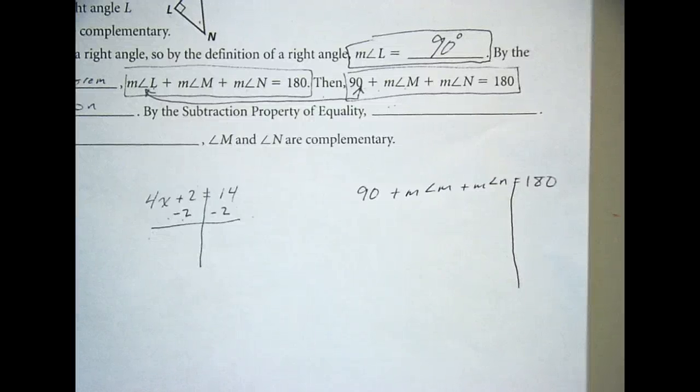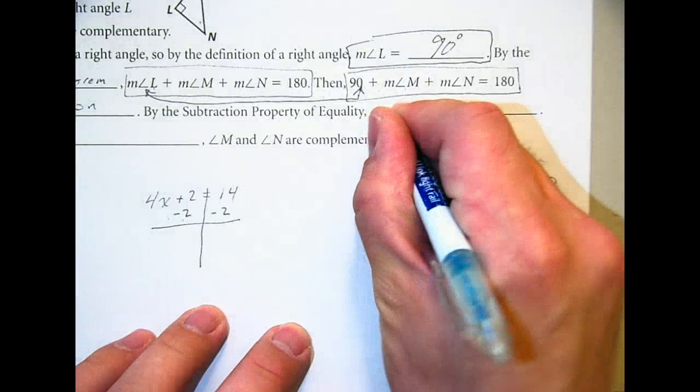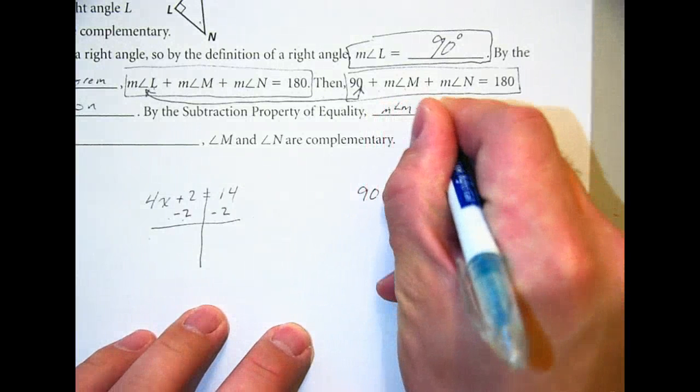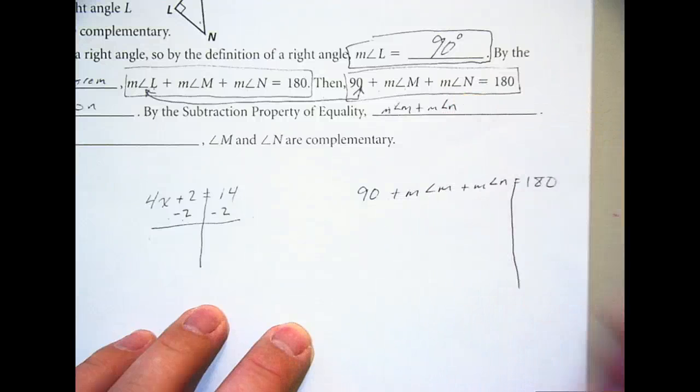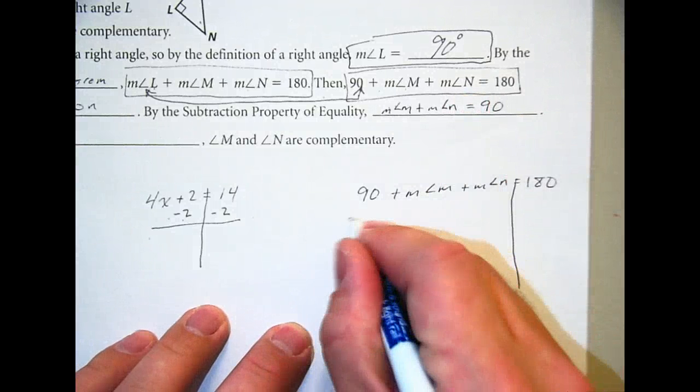Angle M plus angle N equals 90. We're left with measure of angle M plus measure of angle N, and then that equals 90. Subtract 90 from each side.